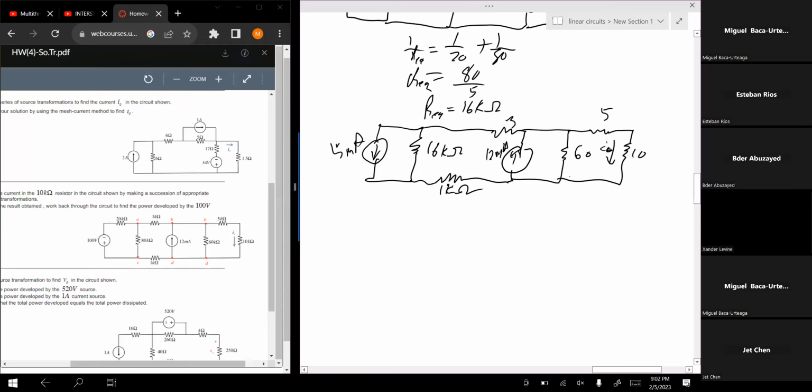Let's see. What do we got? Let me think this through. This is going to go. You know what? I say screw it. Let's simplify it. Why not?